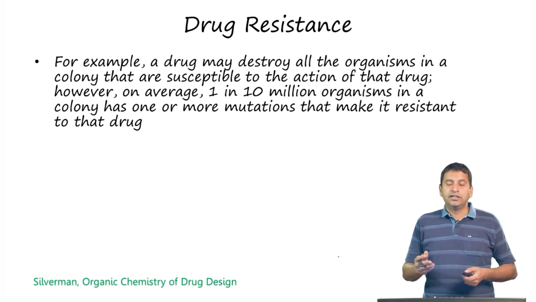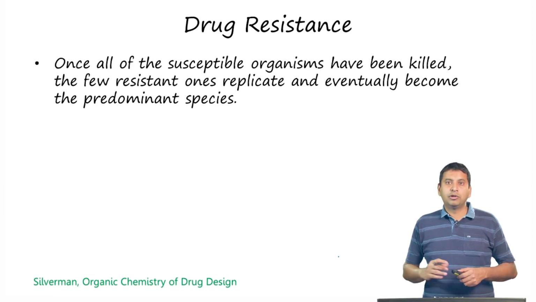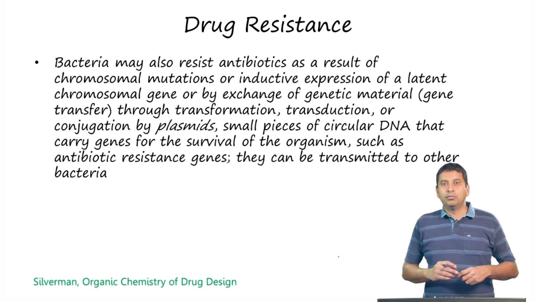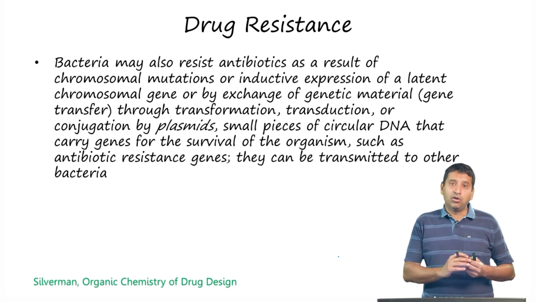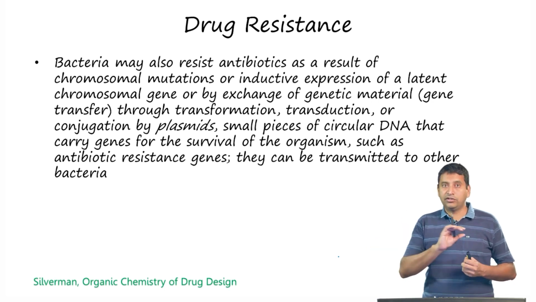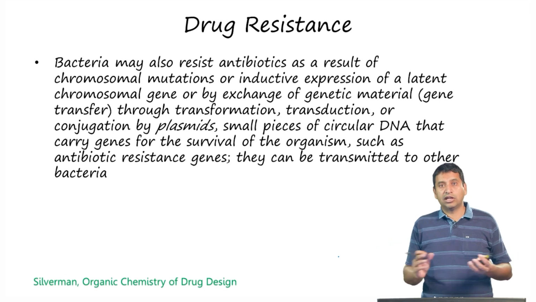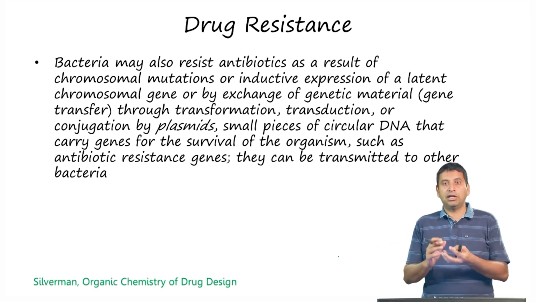It is likely that this organism has one or more mutations that make it resistant to the drug. So, once all the susceptible organisms have been killed, a few resistant ones can replicate and eventually become the predominant species. Bacteria may also resist antibiotics as a result of chromosomal mutations or inductive expression of a latent chromosomal gene, or by horizontal gene transfer, that is exchange of genetic material through transformation, transduction or conjugation by plasmids.